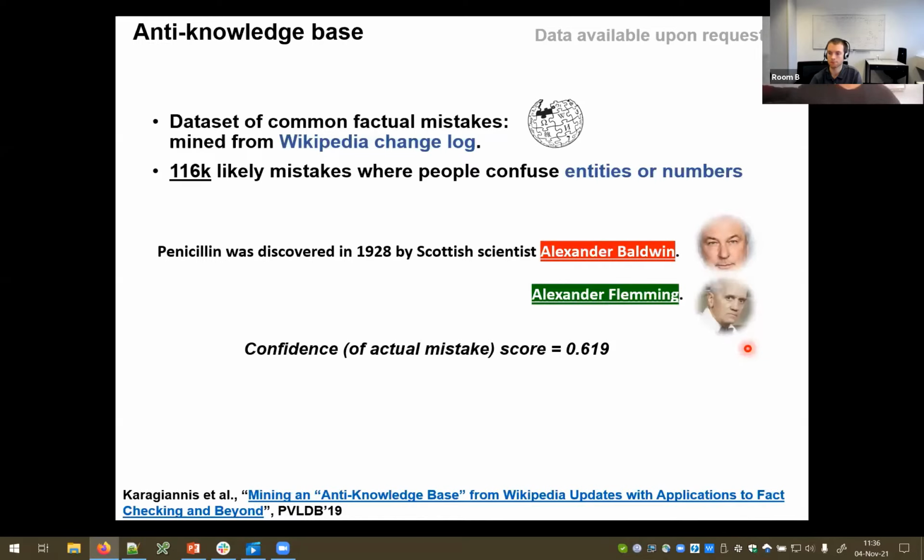The data contains 116,000 likely mistakes where people either swapped an entity or a number, and then you would get the statement before the revision and then after the revision, and the entity that has been swapped would be marked, and then you have a confidence score of how confident we are that this is actually a factual mistake and not something else.